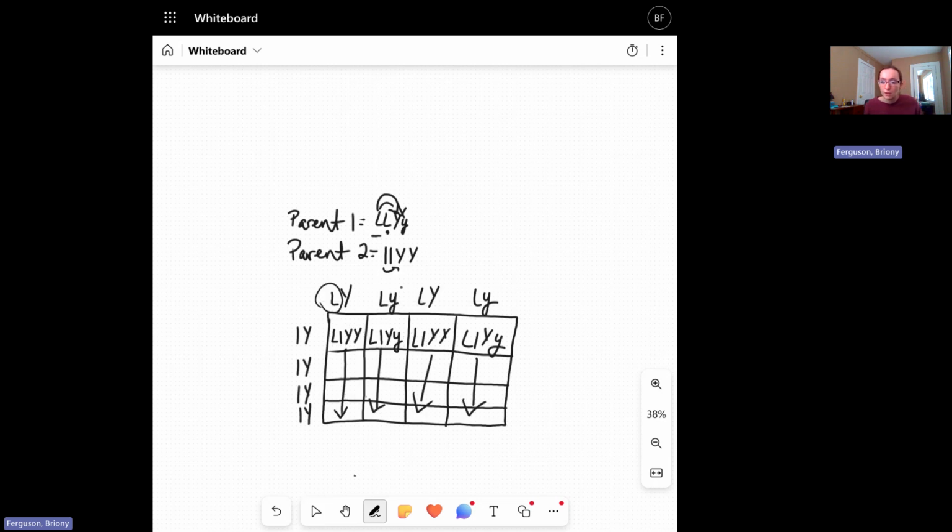That's not what I wanted. Okay. So from this, we're going to try and do our genotypic ratio and our phenotypic ratio.